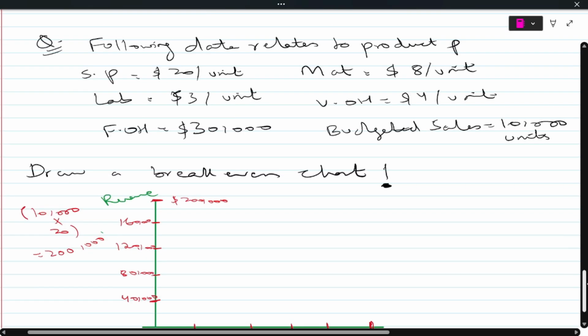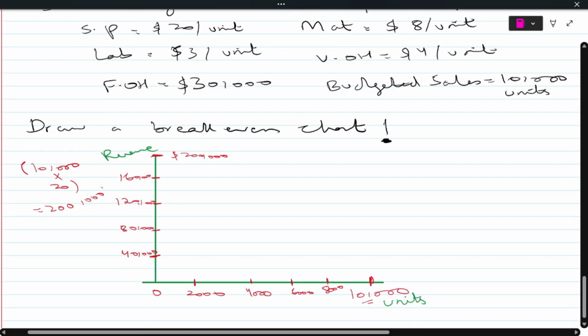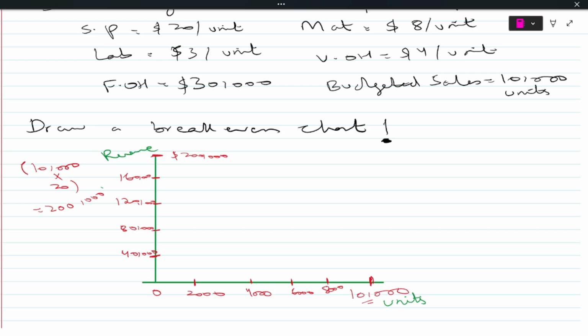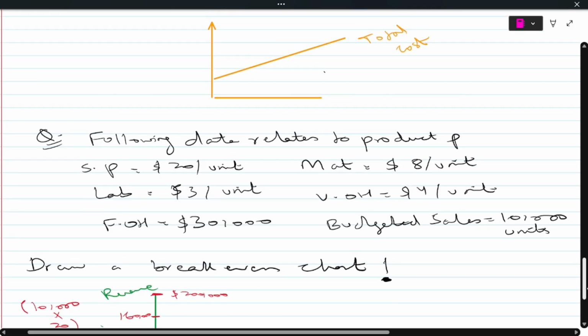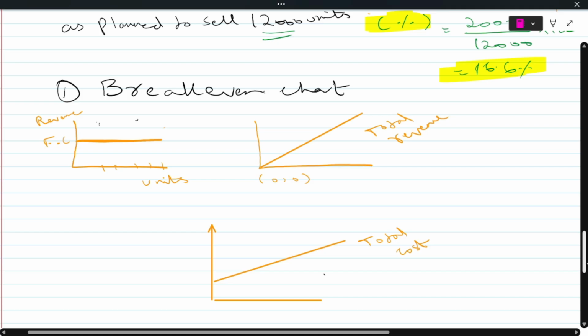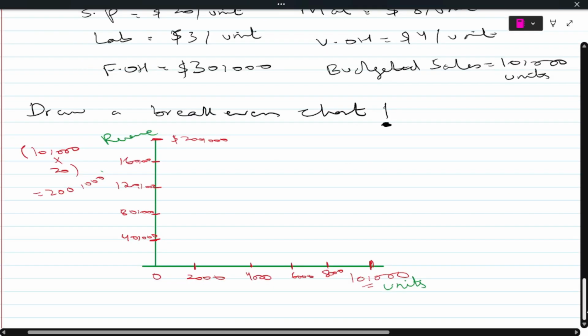I hope it's clear. Okay, now what do we have to do? Now we have to basically draw our lines, right? So first of all, as you guys know, is the line of fixed costs. Now fixed costs do not change, right? So like I told you, the fixed cost is going to be a plain line, but the point is where.